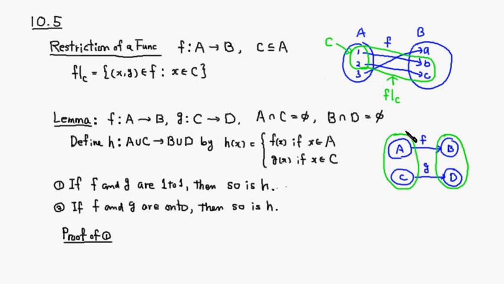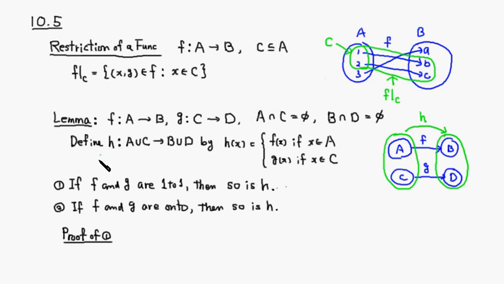Then we define a function from A union C to B union D. That's h. We define h by: h of x is the same as f of x if x is in A, and h of x is the same as g of x if x is in C.